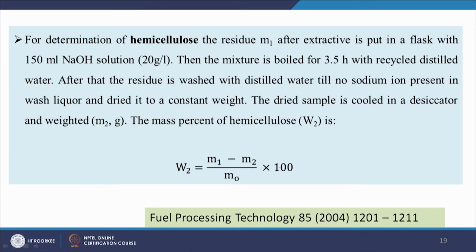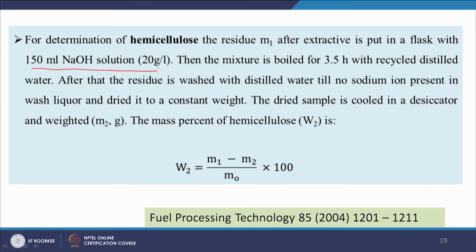Then for the determination of hemicellulose, after the determination of extractives, the remaining material we will react with NaOH solution, that is 150 ml NaOH solution of 20 gram per liter, and then the mixture is boiled for 3.5 hours with recycled distilled water.